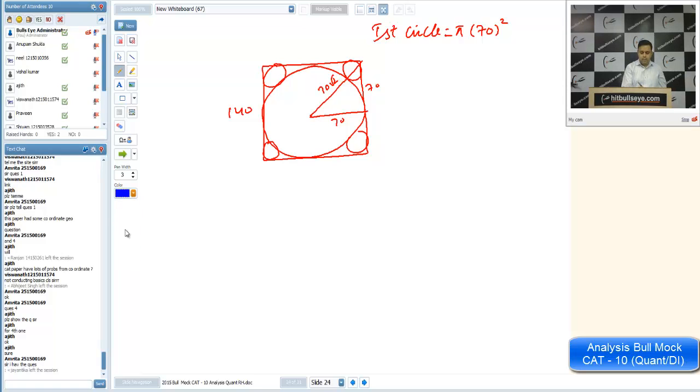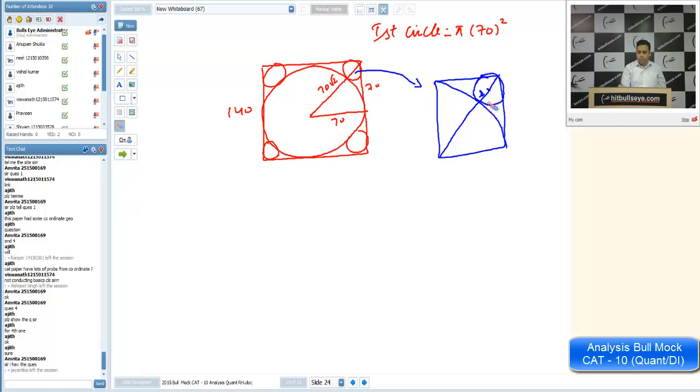Next, just take this circle out. The figure will be like this. Sorry, I will make this diagram once again.